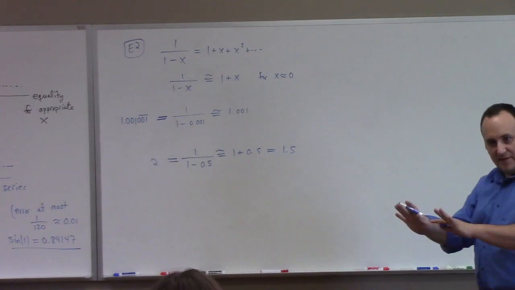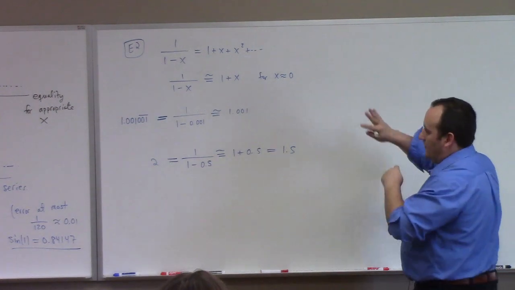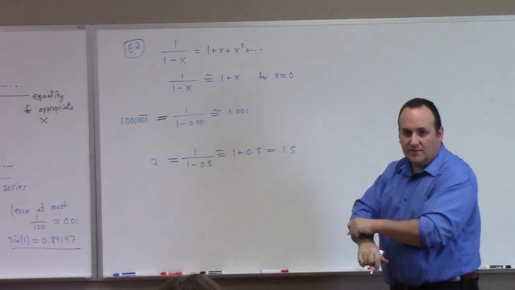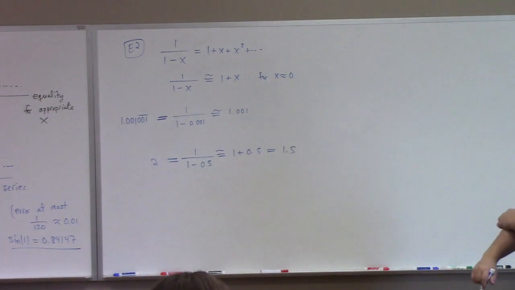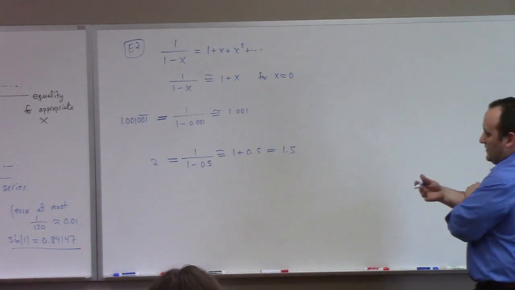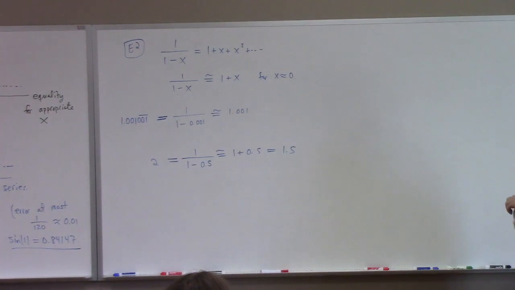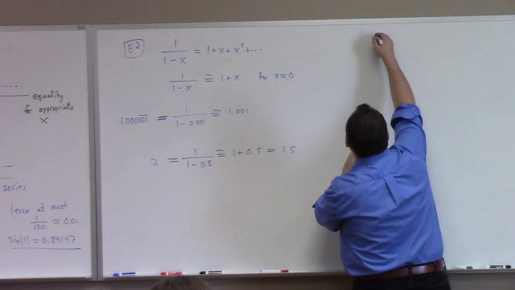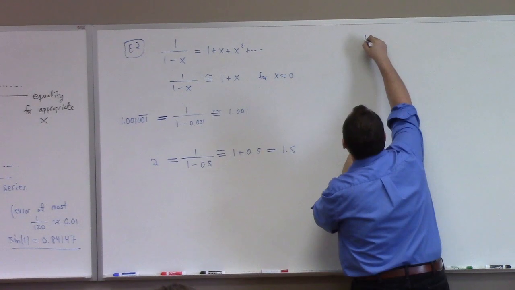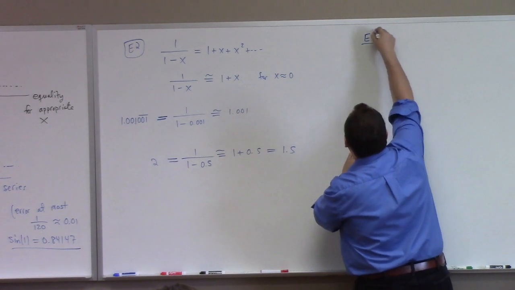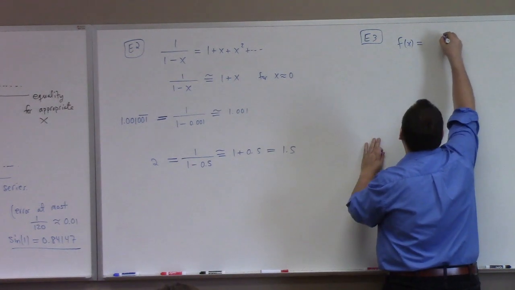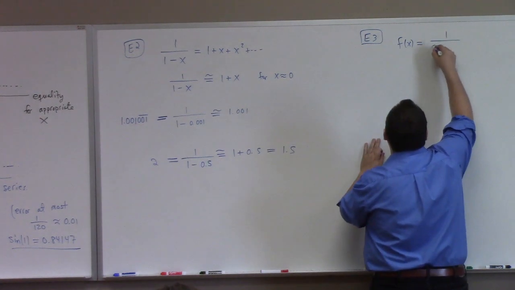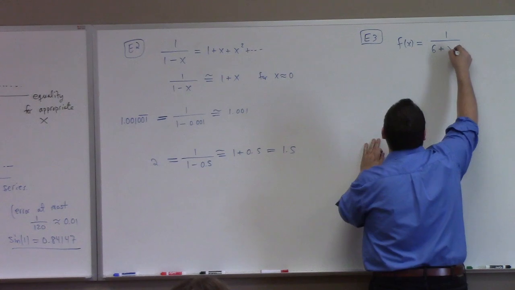All right, so enough of that. I'll give you more precise descriptions of how we can judge the error in a Taylor series come Monday. And I'll actually prove what's called Taylor's theorem then. But for now, let's look at something like this. f of x equals, let's say, 1 over 6 plus x.